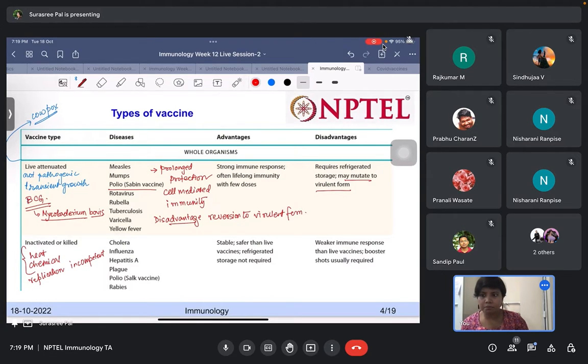It is better than live attenuated pathogen because reversion is not possible, so it's much more stable and safer than live vaccines.